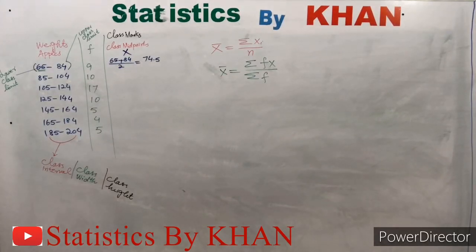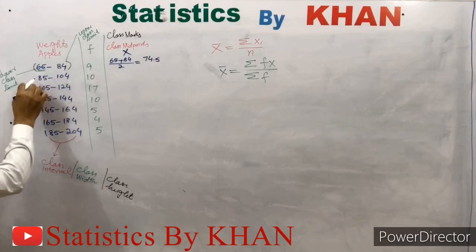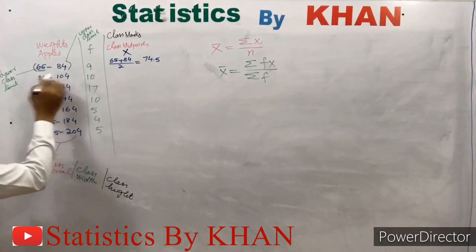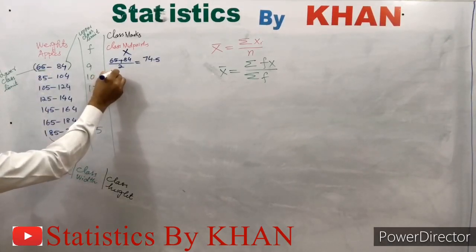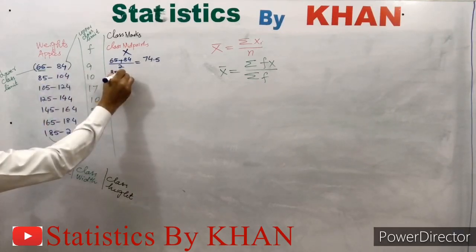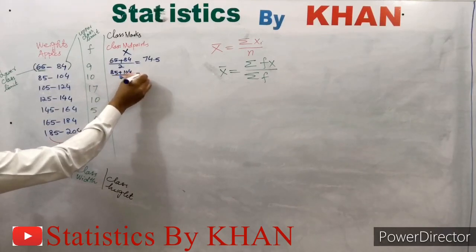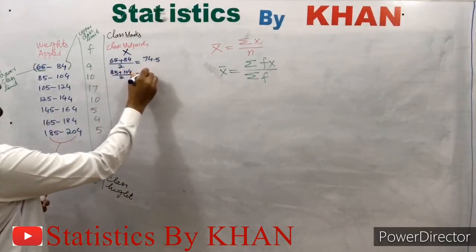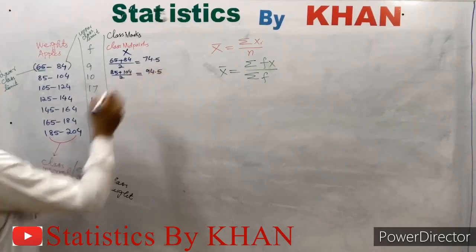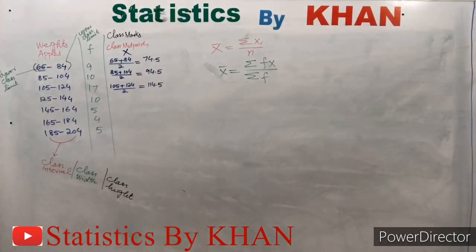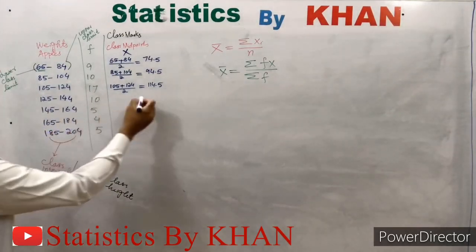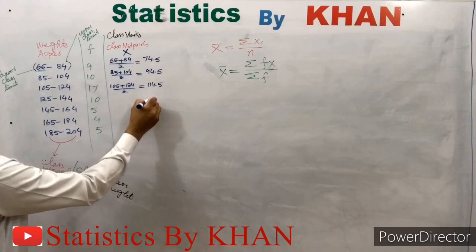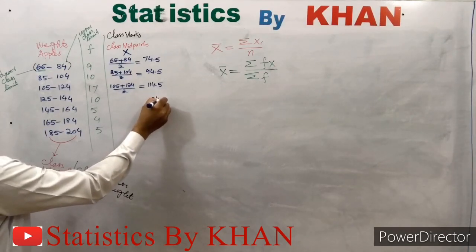Similarly, to find x for the second class, we will add the lower limit and the upper limit of the class and divide by 2. In this case, we will get 94.5. Similarly, if you do the same procedure for the next class, we will get 134.5.